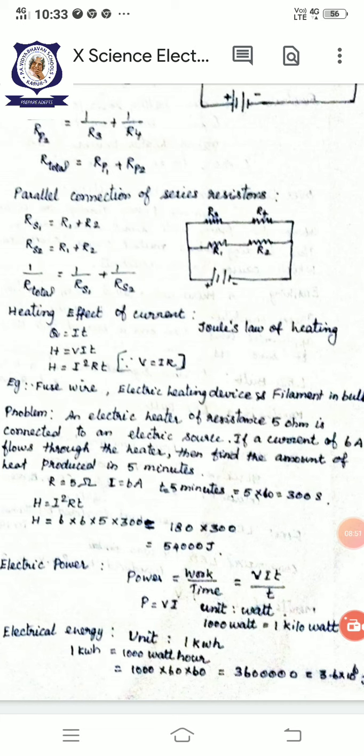When it is heated, it suddenly melts and disconnects the circuit. Why? Whenever excess current flows through the circuit, not only in household circuits but in all circuits, we use circuit breakers, the miniature circuit breakers, which we call MCB.